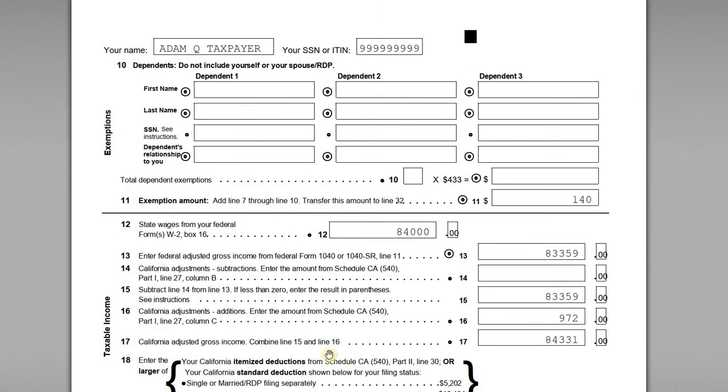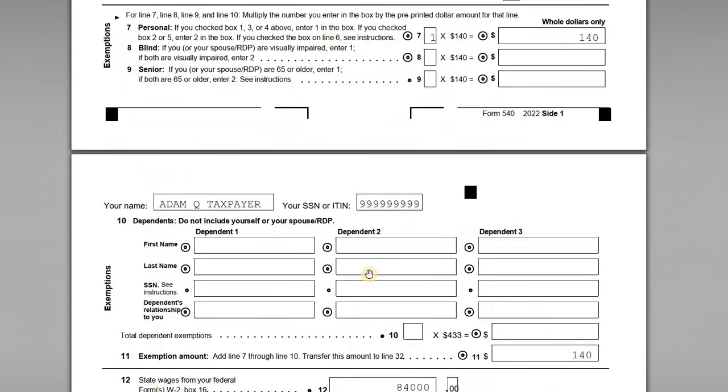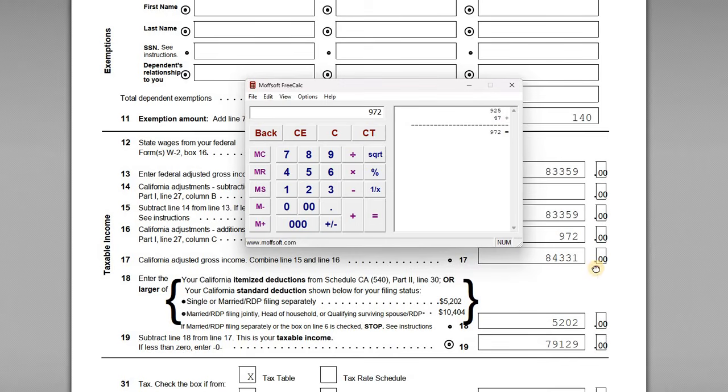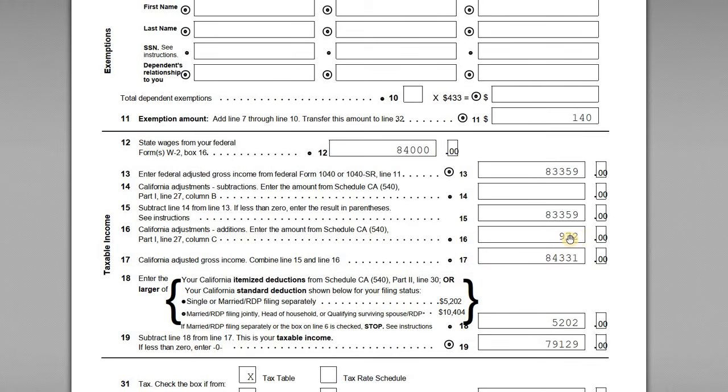So when we look at the Form 540, in this adjustment section, $972 as the net adjustment is reported as an addition. So we don't have the subtraction amounts here. Now, if you did put the subtraction amounts there, the negatives, and then you had the $47 addition there, the math would all work out, right?